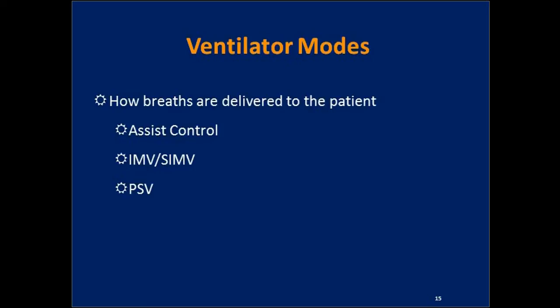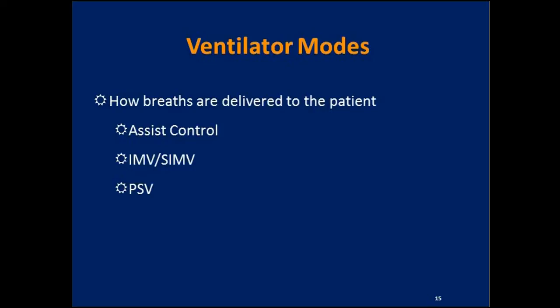So if the machine gives a breath, the patient's going to get 500 tidal volume, and then all of a sudden the patient initiates a breath, they're going to get another 500 of tidal volume on top of it, and that can actually be harmful to the patient because we can be overinflating the lungs. So patients on assist control really need to be sedated, and sometimes they'll be paralyzed so that the machine will do all the work and the patient doesn't trigger their own respiration.